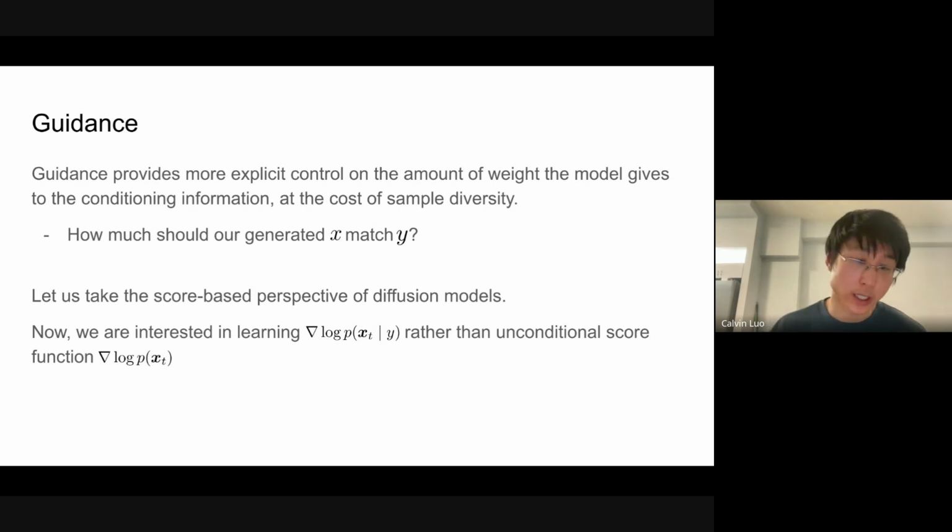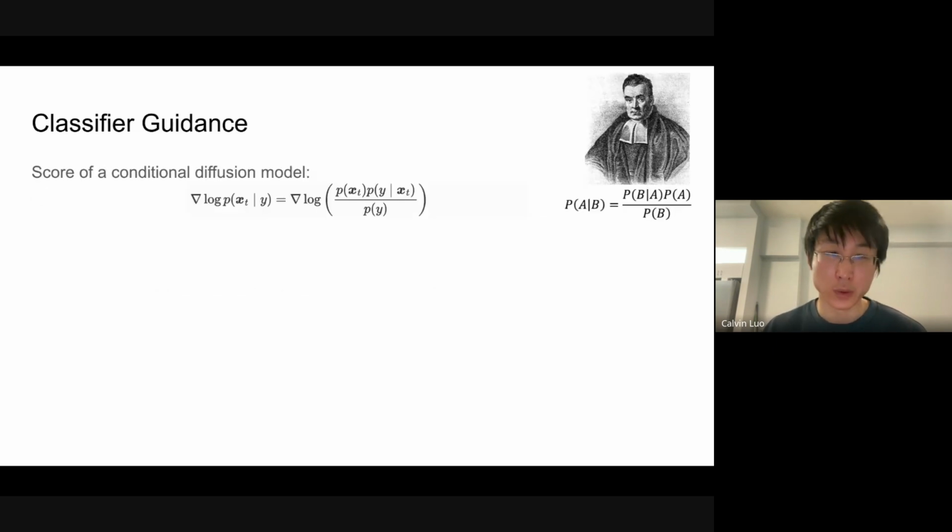Now, we are interested in learning the conditional score, P of xt given Y, rather than the unconditional score, which is just the gradient of log P of xt. And we can very simply reformulate this conditional score using Bayes' rule, and apply the log to separate out the multiplication and the division.